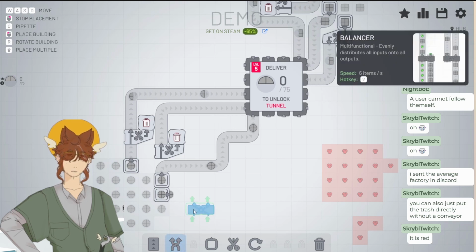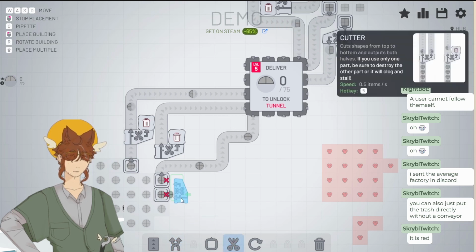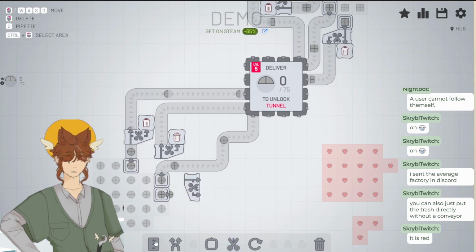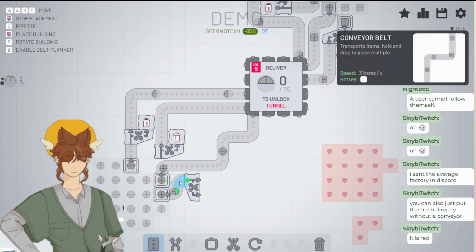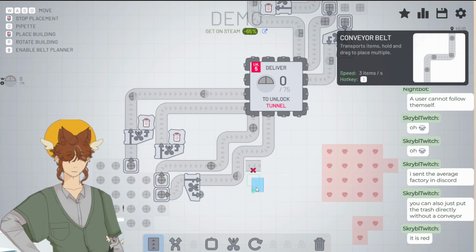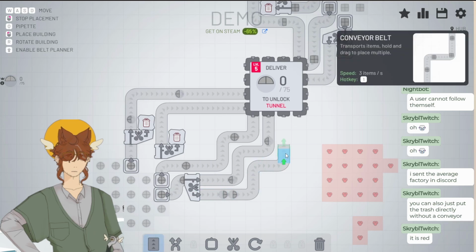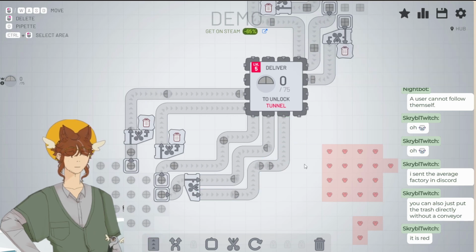What is this? I don't know what that is. Oh, that's the rotator that we just got? No. I don't know. What if I just put both of them in? Did the other ones do anything?